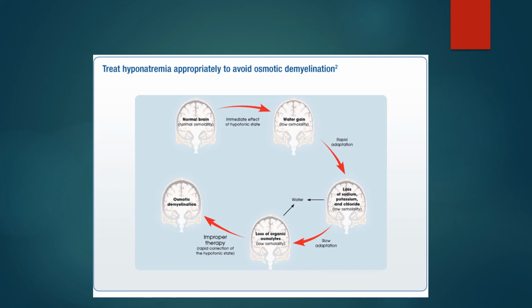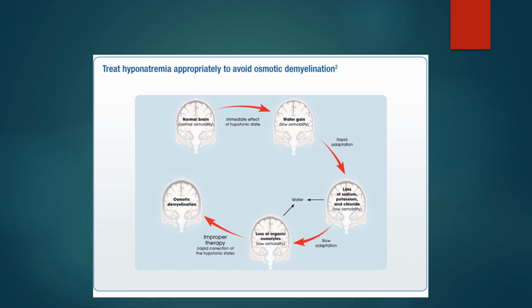It's clinically manifested by hyperreflexia, pseudobulbar palsy, quadriparesis, Parkinsonism, locked-in syndrome, and even death, and can arise 1 to 7 days after overcorrection of the hyponatremia. MRI findings might take 2 or more weeks from the initial neurologic manifestations before becoming evident.